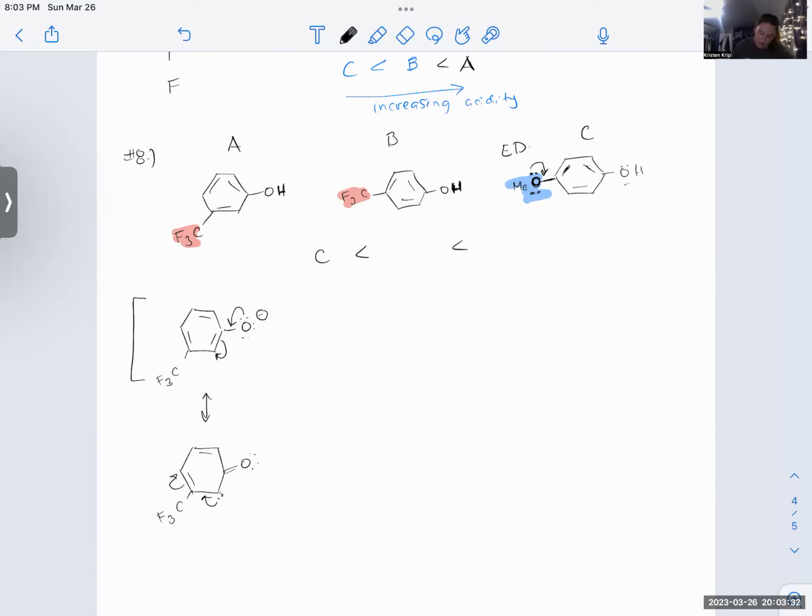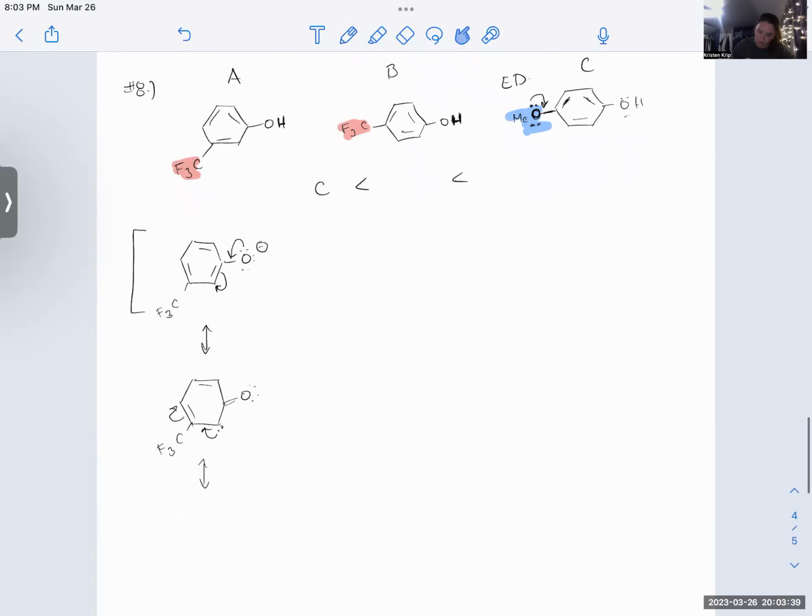And then these go onto here. There's a negative charge, negative charge.